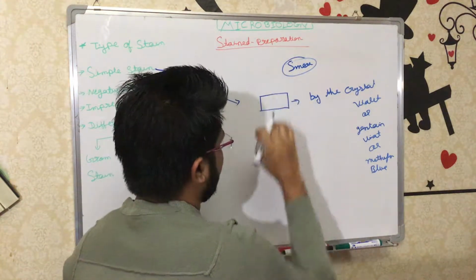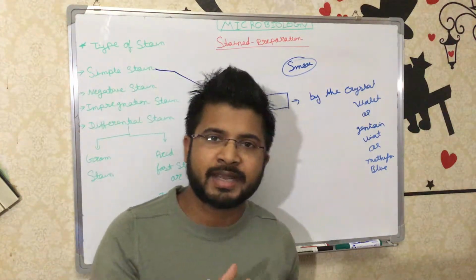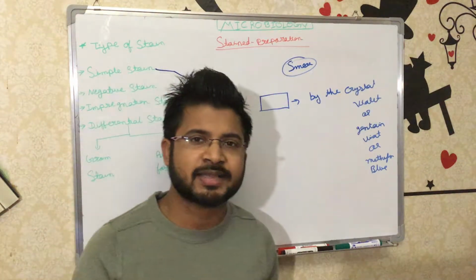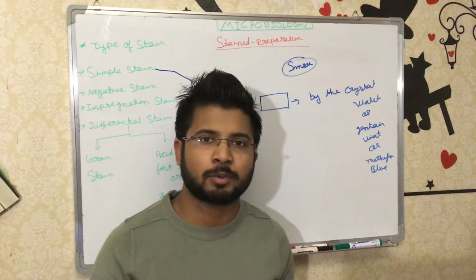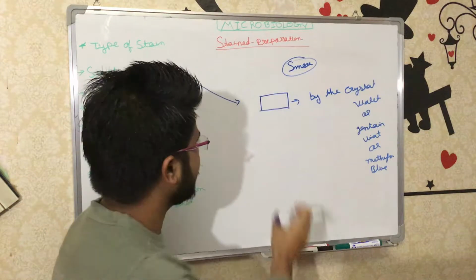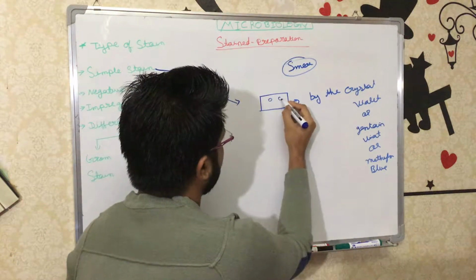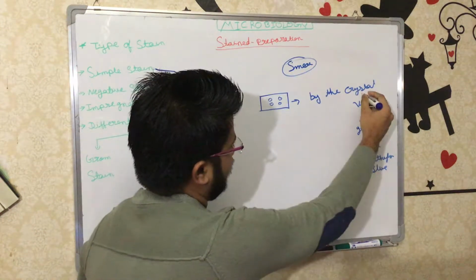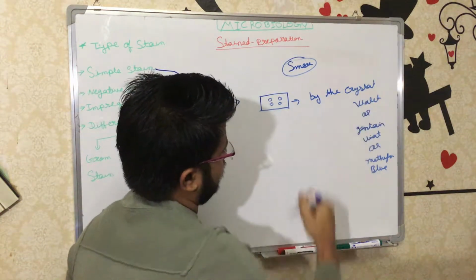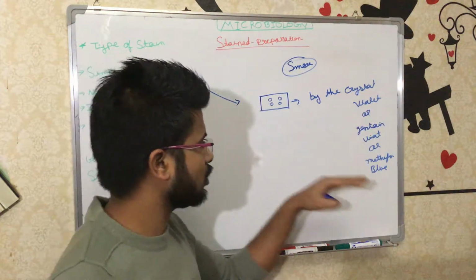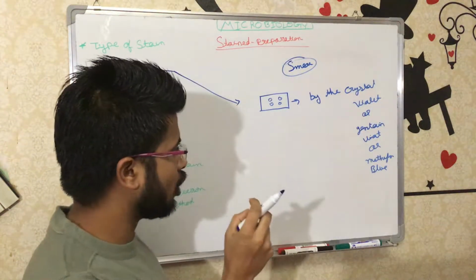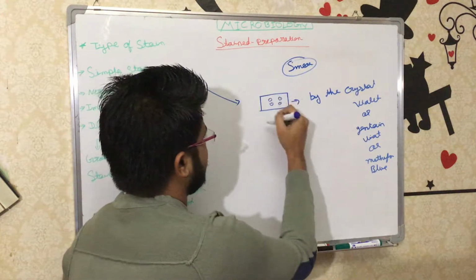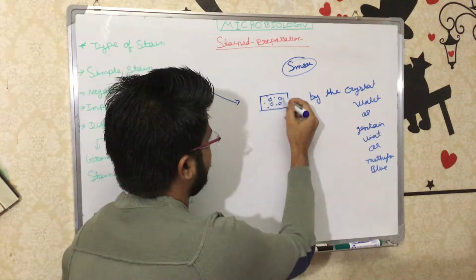We take a slide and we take the bacteria for identification, to determine whether this bacteria is gram negative, gram positive, or other. So we take the bacteria here. For example, these are 4 bacteria, and then with any one of these three, either crystal violet, gentian violet, or methylene blue, by dropper we put it on the slide, like this, like that.